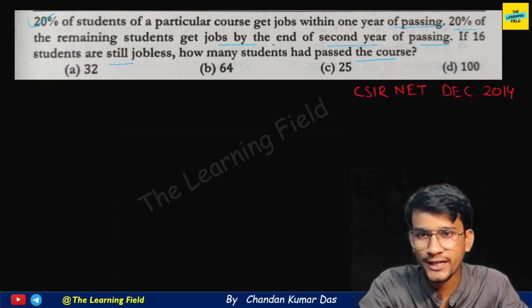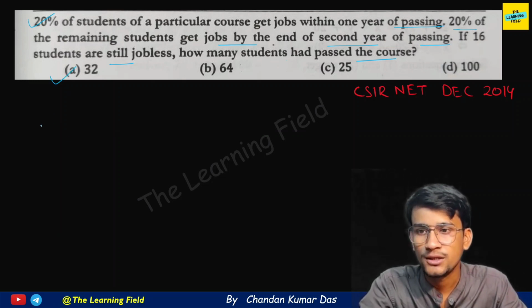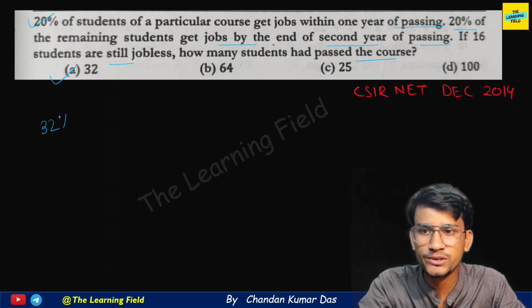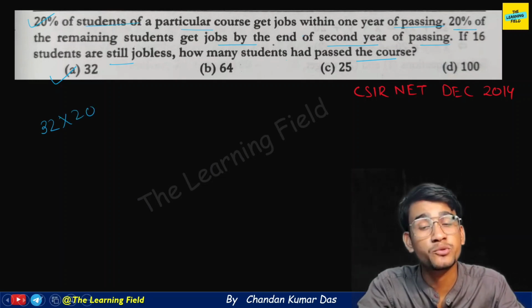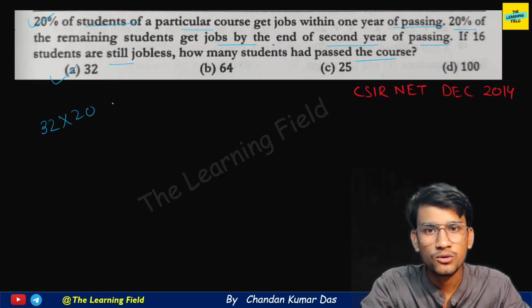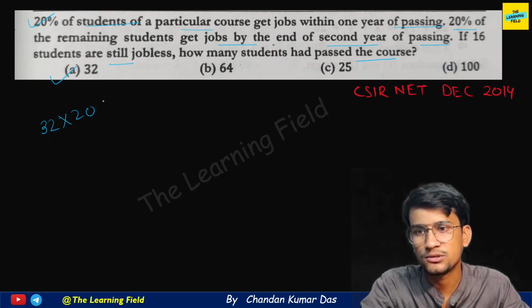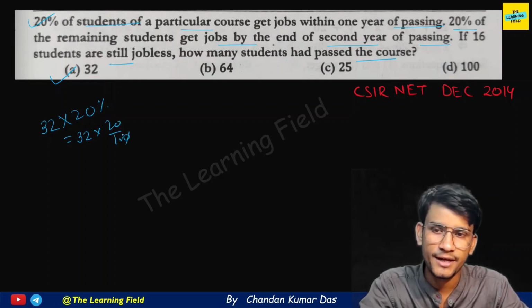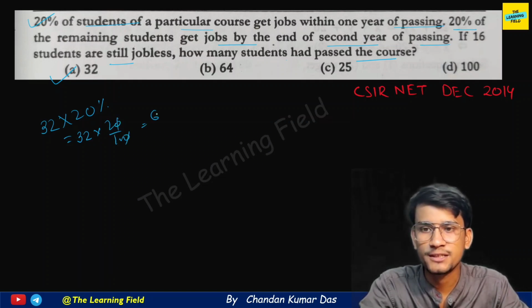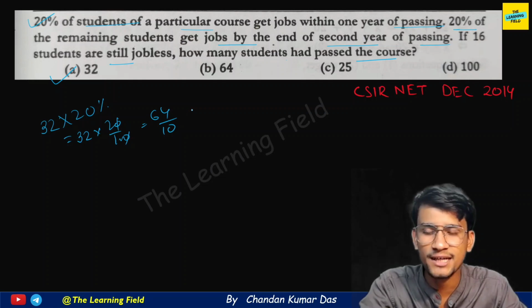Okay, so if we take the total number of students as 32, then what will be 20% of 32? Because 20% of the students in a particular course get jobs within 1 year of passing. So 32 into 20 by 100 gives 64 by 10, which is a fraction.